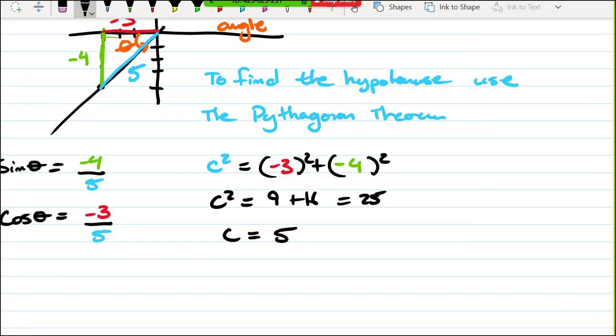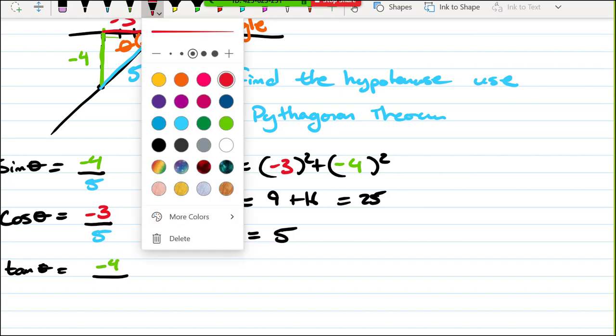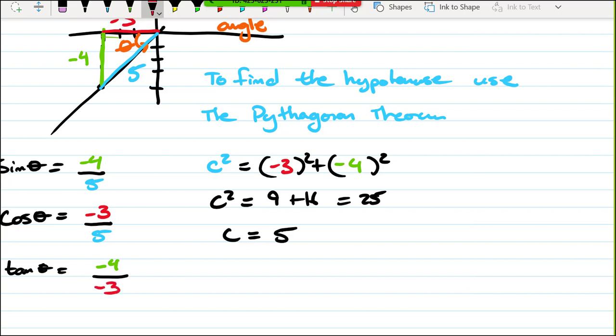And then lastly, we want the tangent of theta, which is opposite over adjacent. So that's going to be -4 over -3. And a negative divided by a negative is a positive. So the tangent of theta in this case would be positive 4/3.